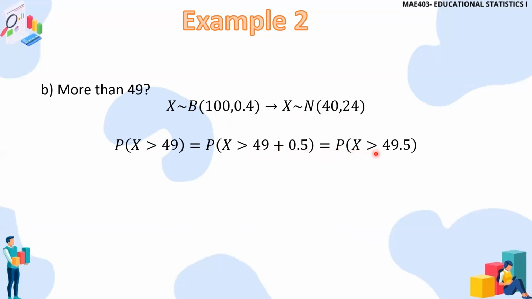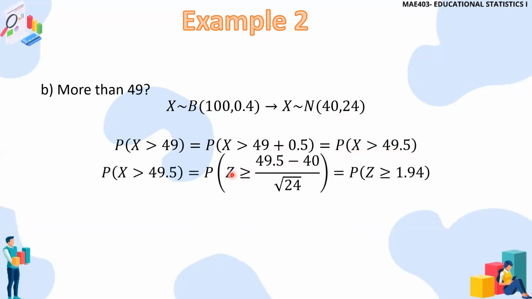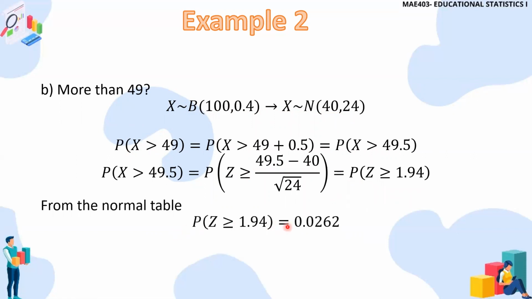So probability of X greater than 49.5 approximate to the standard normal distribution, (49.5 minus mean) divided by standard deviation, then you will have probability of Z greater or equal to 1.94. So from the normal table, the probability that the drivers involved in accident more than 49 is 0.0262.